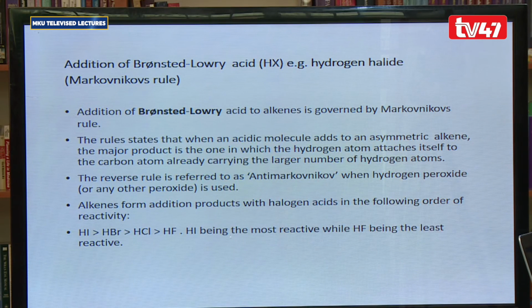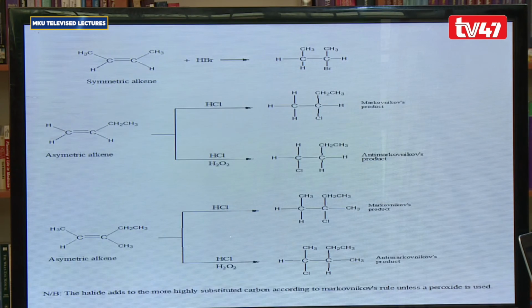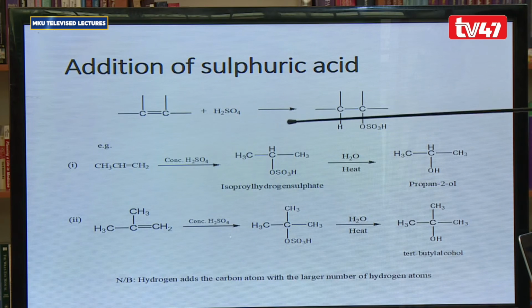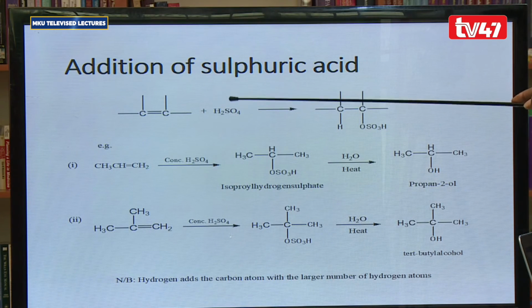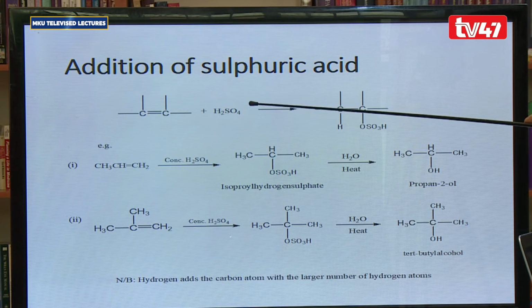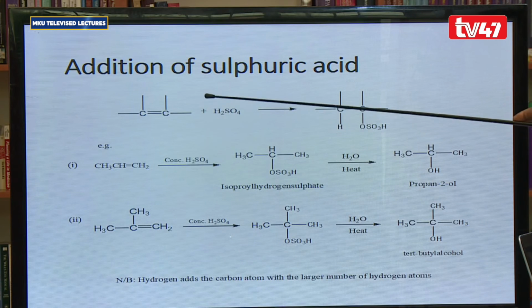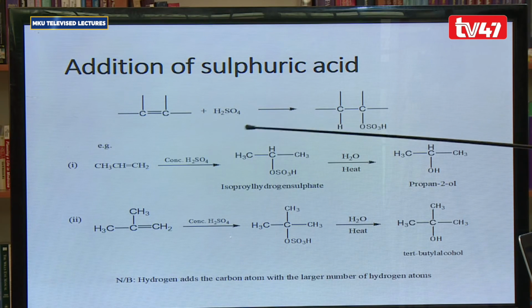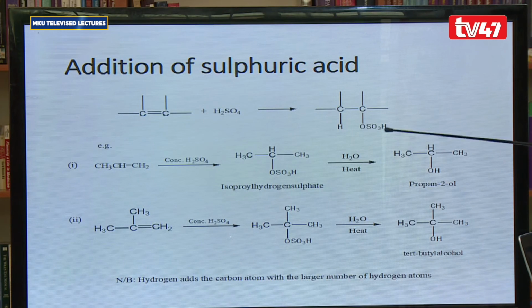So, generally, alkenes will react with Bronsted-Lowry acids, including, going back to sulfuric acid, so that there is a hydrogen and a sulfate anion on one side, so that the hydrogen adds onto one carbon of the double bond, and the anion adds to the other carbon of the double bond.